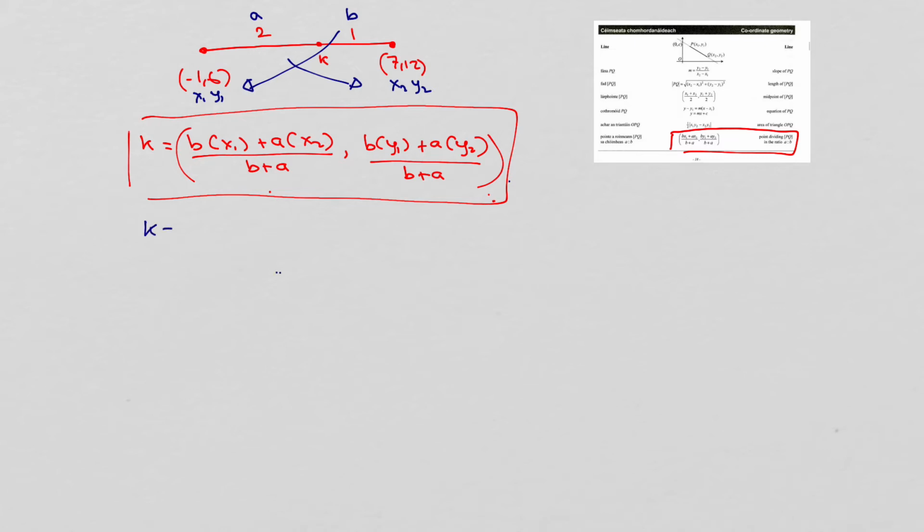So let's sub in our values. So we have B, which is 1, times x1, 1, plus A, which is 2, times x2, which is 7.